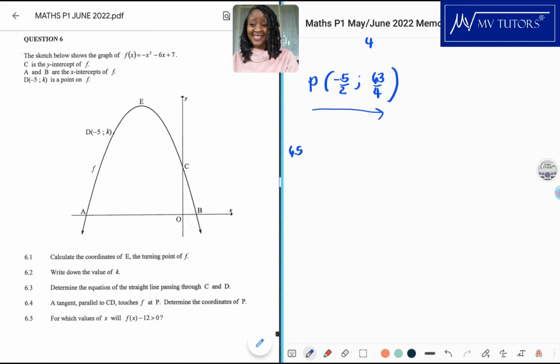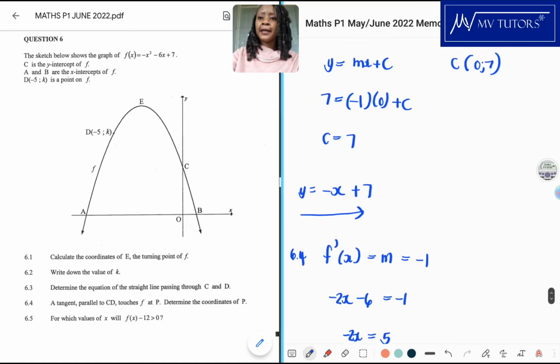I hope that makes sense. But I actually don't want to shift the graph 12 units down. Rather, with f of x minus 12, I would take the 12 to that side and ask, where is f of x? So the y values of the function f, where are they bigger than 12?